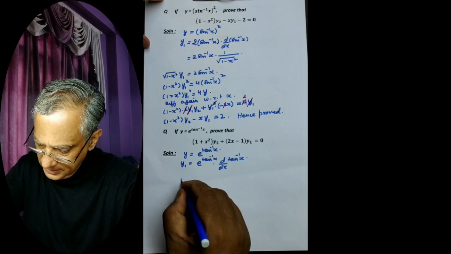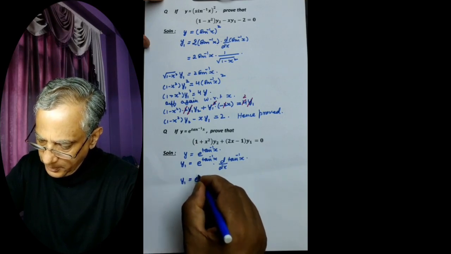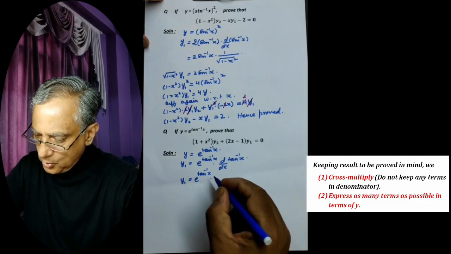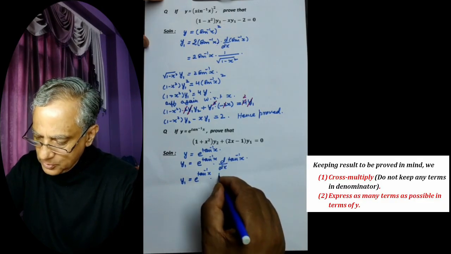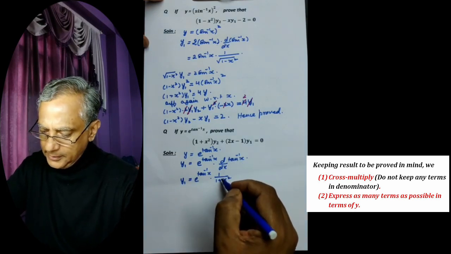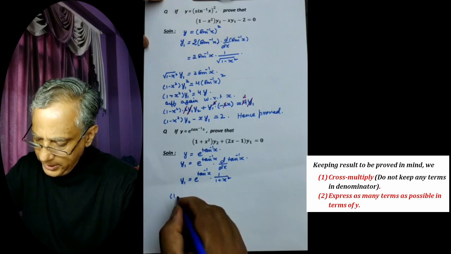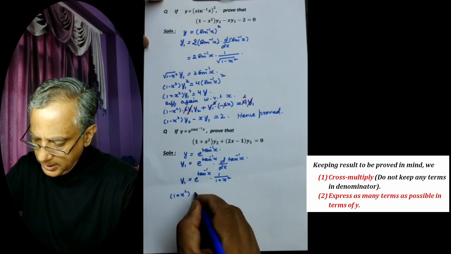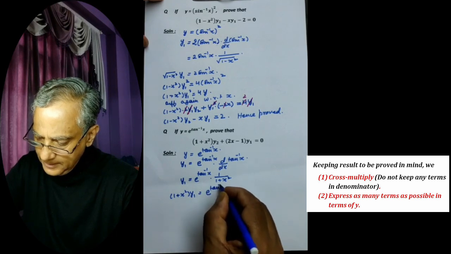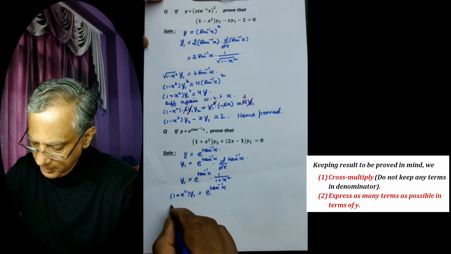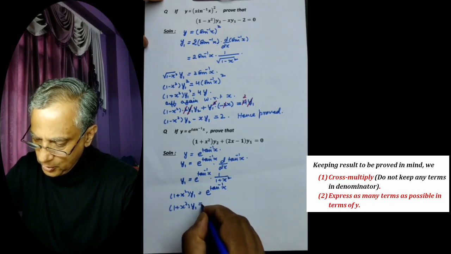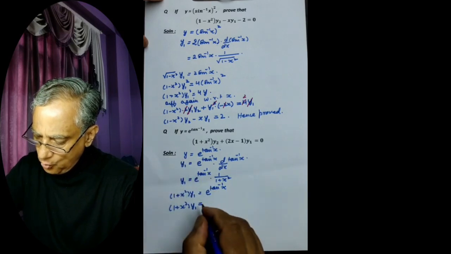And this implies y1 is equal to e to the power of tan inverse x into 1 over 1 plus x square. Differential of tan inverse x is this much. Cross multiply, we get 1 plus x square into y1 is equal to e to the power of tan inverse x, which is y.